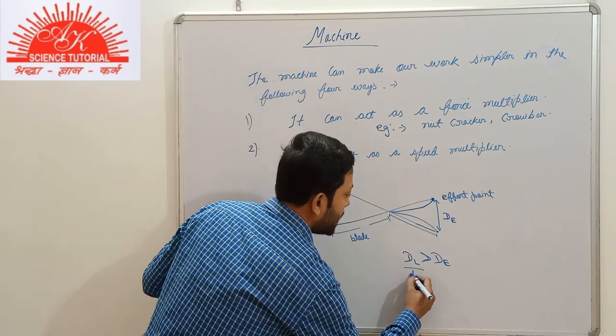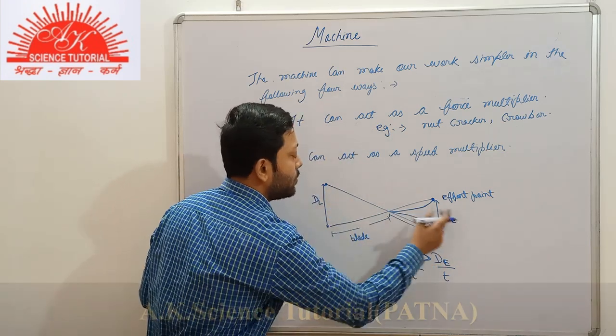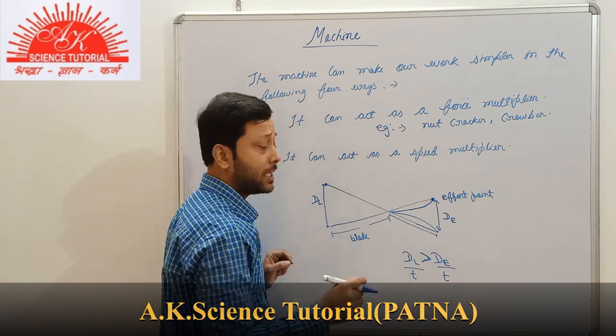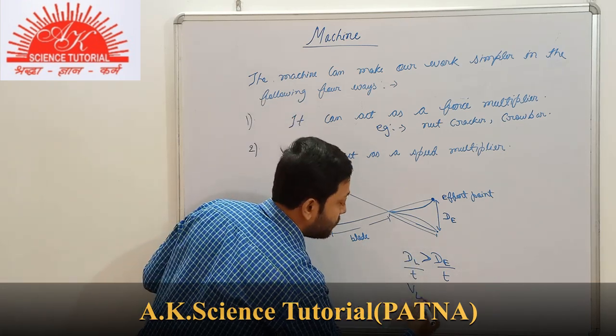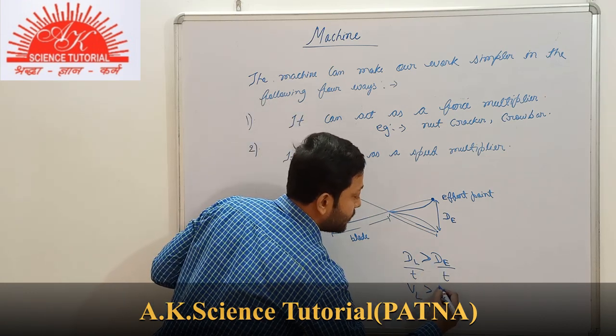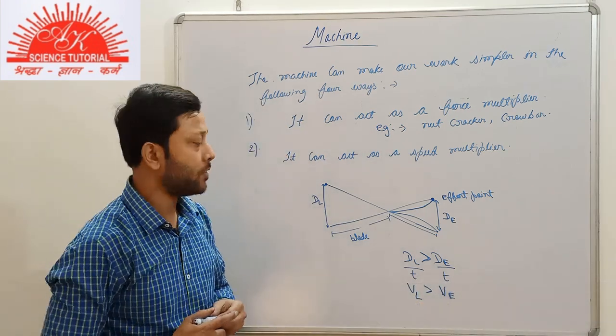So if you divide by T, displacement by time is velocity. So it will be VL, the velocity of load, and VE, the velocity of the point of application of effort.